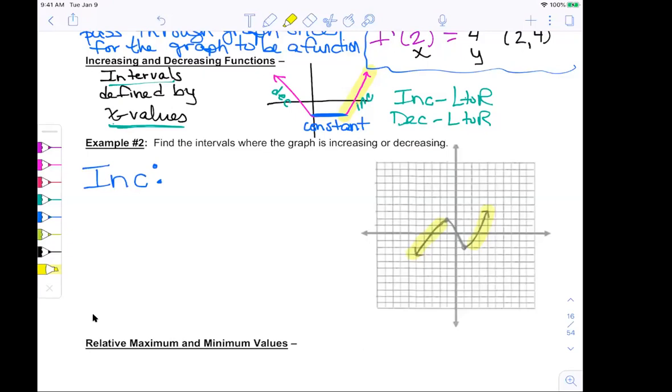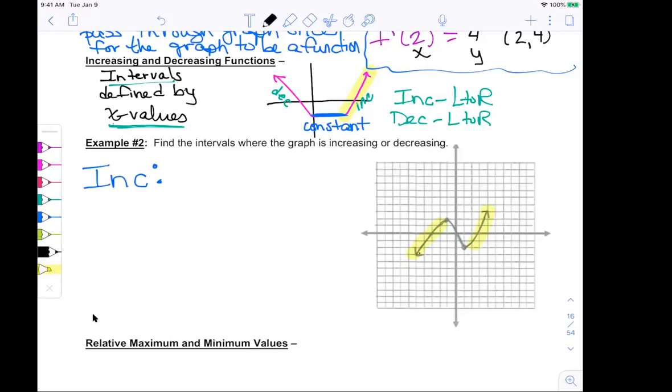We need to describe those two pieces using an interval defined by x. So how far to the left would it start? Like, where does it start on the left side of the graph? And as it moves to the right, where's the last place that it would stop increasing? That's what we kind of need to think about.